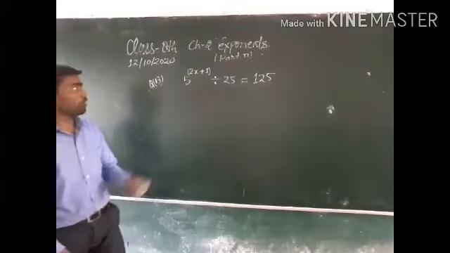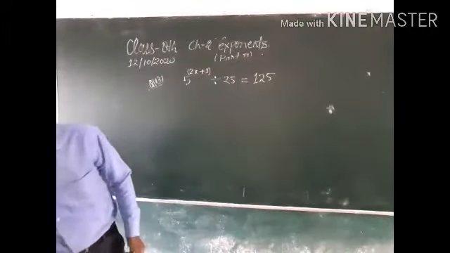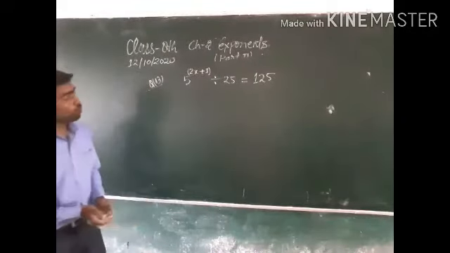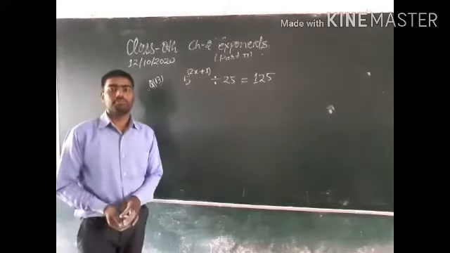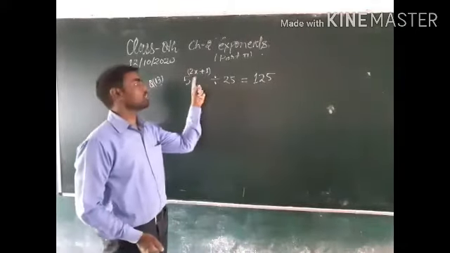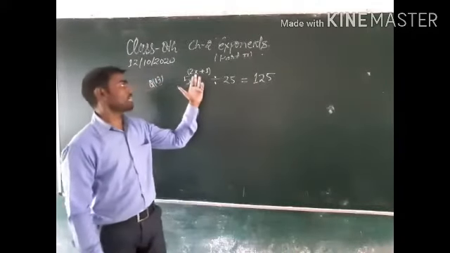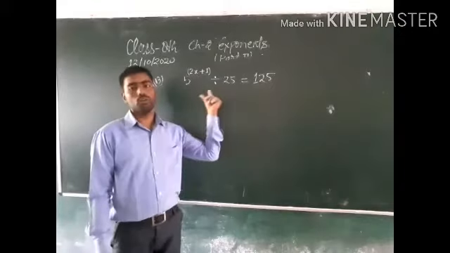For which value of x is 5 to the power 2x plus 1 divided by 25 equal to 125? We find the value of x for which the two sides are equal to each other.